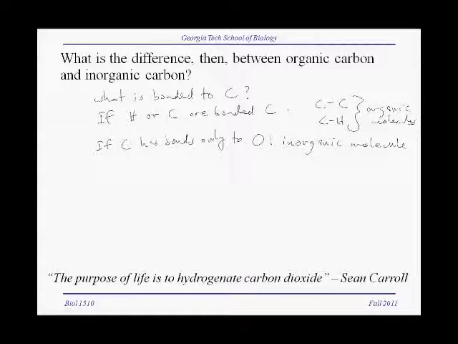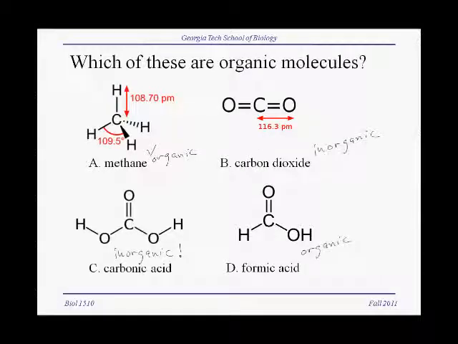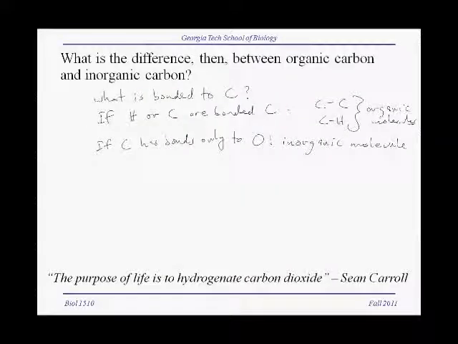Well, is this just an arbitrary distinction, or is there some importance? Well, when carbon is bonded to carbon, or carbon is bonded to hydrogen, these are what we call reduced forms of carbon. And carbon dioxide is an example of an oxidized form of carbon.